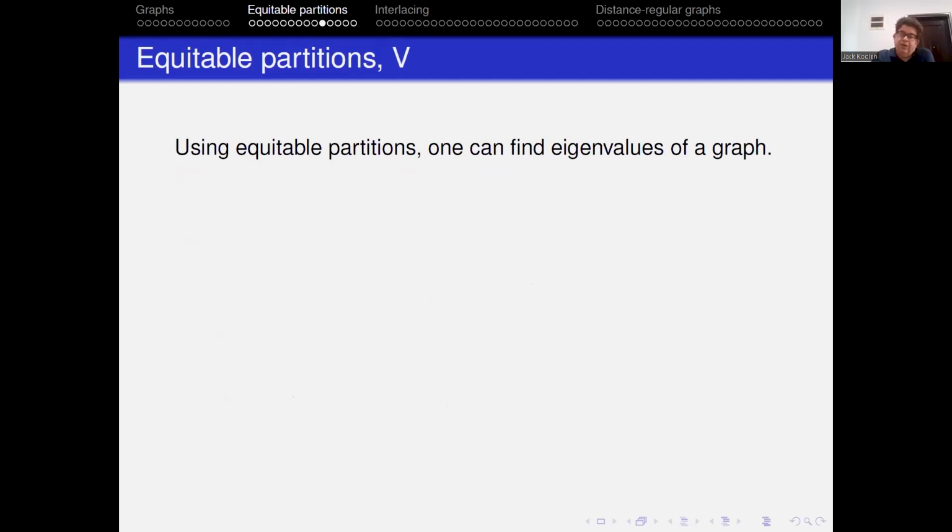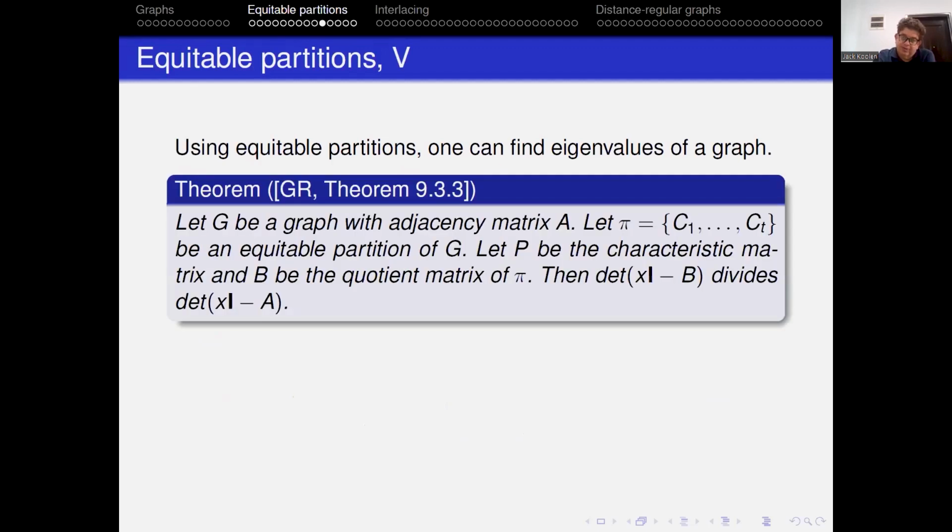So one reason why you want to find equitable partitions is that you can find eigenvalues of a graph. And this is theorem 9.3.3 of that book I mentioned before. So let G be a graph with adjacency matrix A. Let pi = C1 to Cd be an equitable partition of G, and let P be the characteristic matrix and B the quotient matrix of pi.